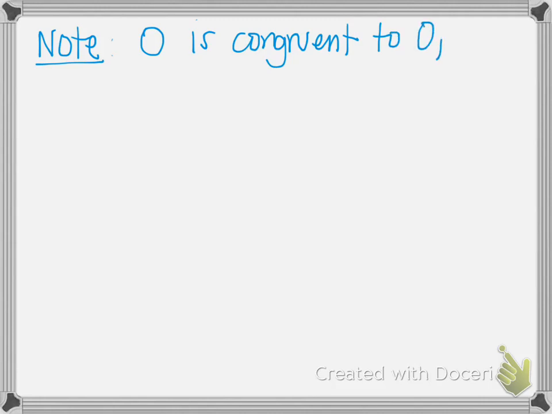Now note that 0 is congruent to 0, 3, negative 3, 6, negative 6, and so on, in mod 3.